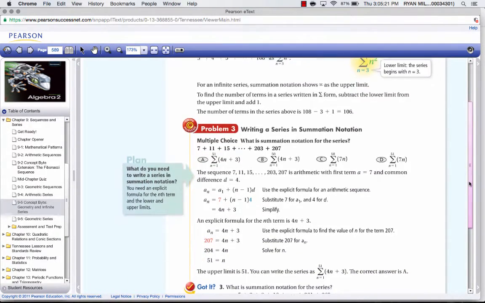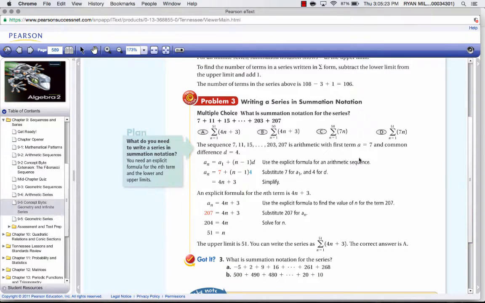All right, so you can also see how we write a series in summation notation. What is the summation notation for the series 7 plus 11 plus 15 plus and so on? Well, we can come up with a formula that basically represents any one of these numbers if you plug in the term it is.